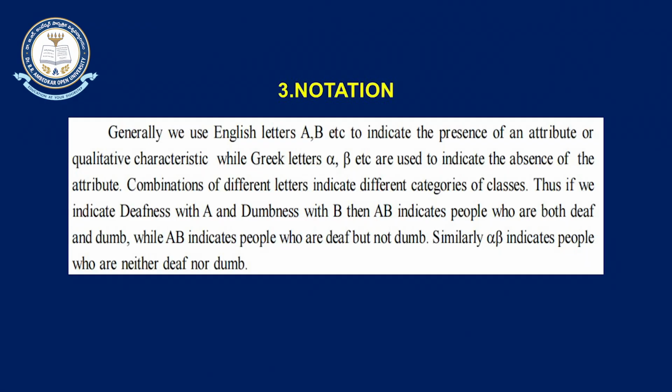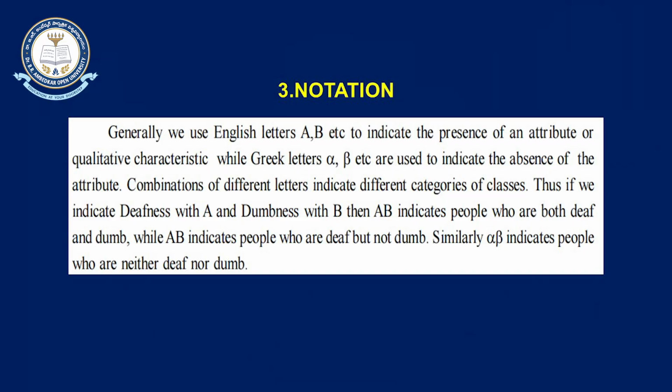Notations: we can take English letters A, B, C, and Greek letters alpha, beta to indicate the absence of the attributes. Here A and B, the presence of attributes, are qualitative characteristics, and alpha and beta indicate the absence of the attribute. The combination of different letters indicates different categorical classes.